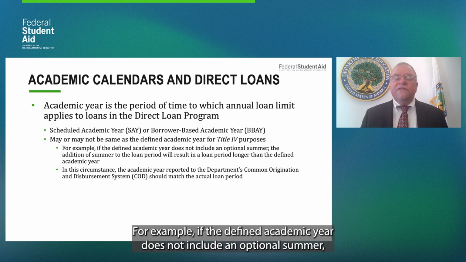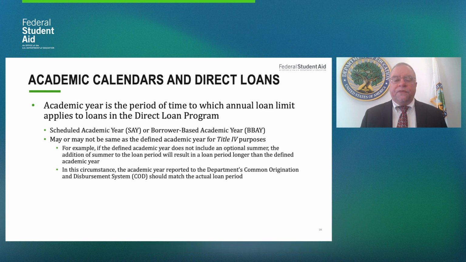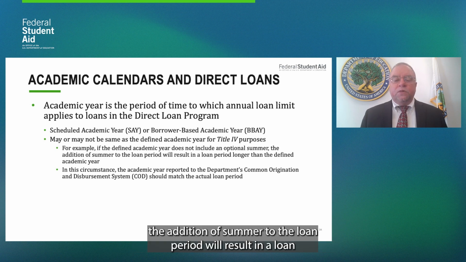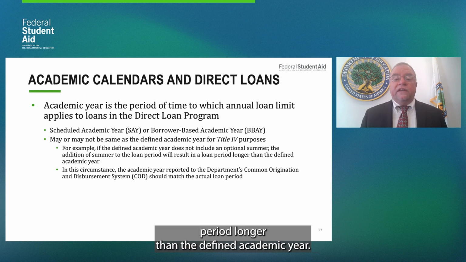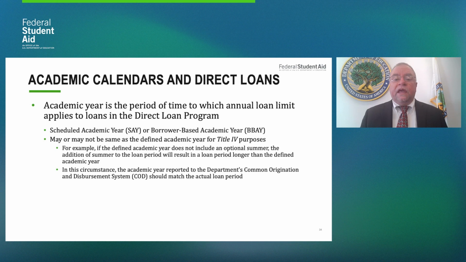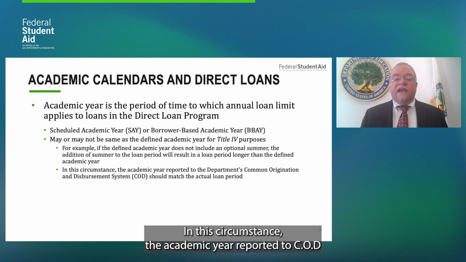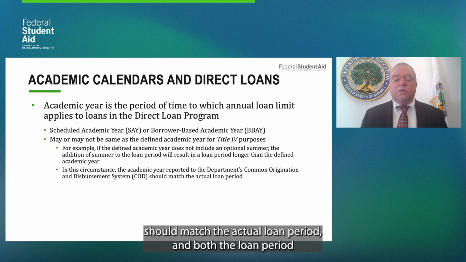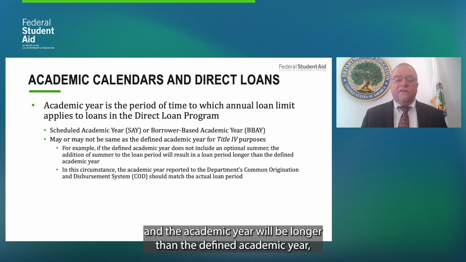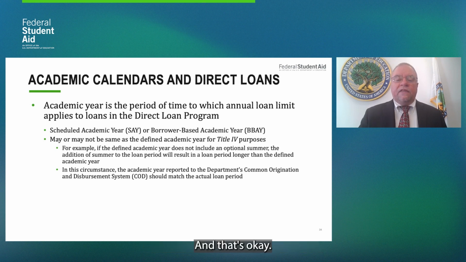For example, if the defined academic year does not include an optional summer, the addition of summer to the loan period will result in a loan period longer than the defined academic year. In this circumstance, the academic year reported to COD should match the actual loan period, and both the loan period and the academic year will be longer than the defined academic year, and that's okay.